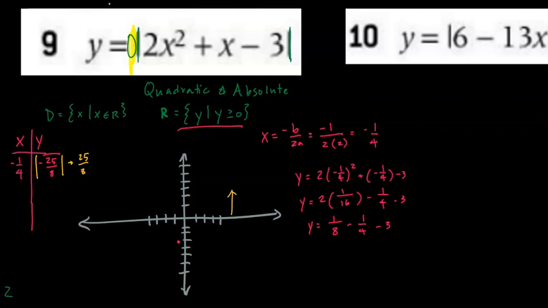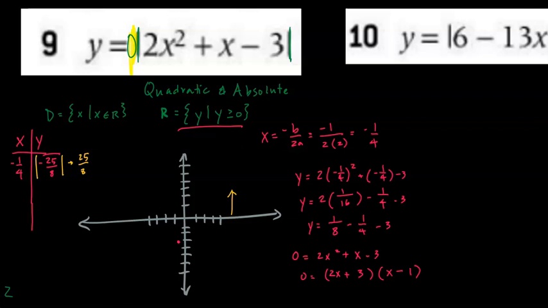How do I find roots of a quadratic? You factor. Okay, so we have 0 equals 2x squared plus x minus 3. We have 2x, x, and it's going to be a minus and a plus and a 3 and a 1.